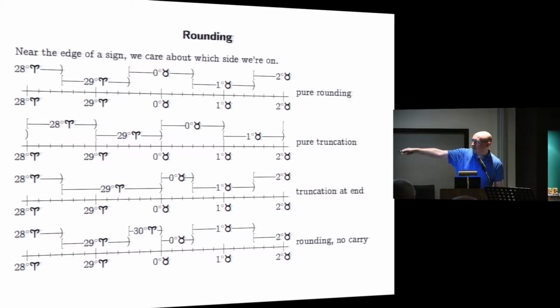So you can say, well, we'll truncate, but then you've got up to 1 degree of error and you've got issues with averaging out truncated values. You say, well, we'll truncate only at the end. Then you could have as much as 1.5 degrees of error. Probably the best thing to do, although it's a little unfamiliar, is say that the very end of Aries will be called 30th degree of Aries, which is an alias for 0 degree of Taurus, but it tells you which side you're on. That is covered in more detail in the manual.